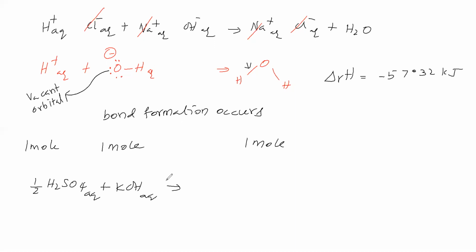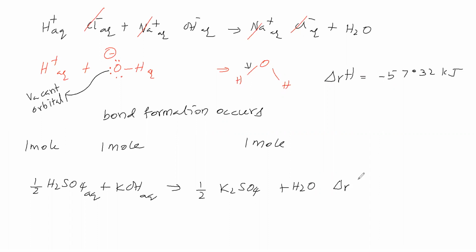What is the salt obtained? Since we have taken potassium hydroxide, we will write K2SO4. Then we write that water is produced.